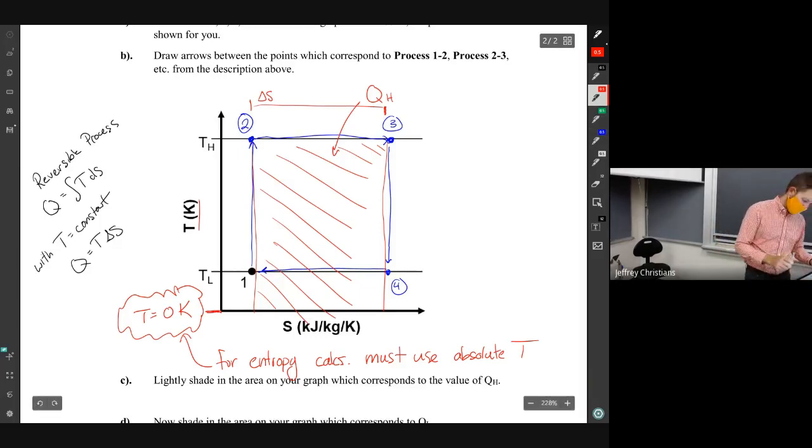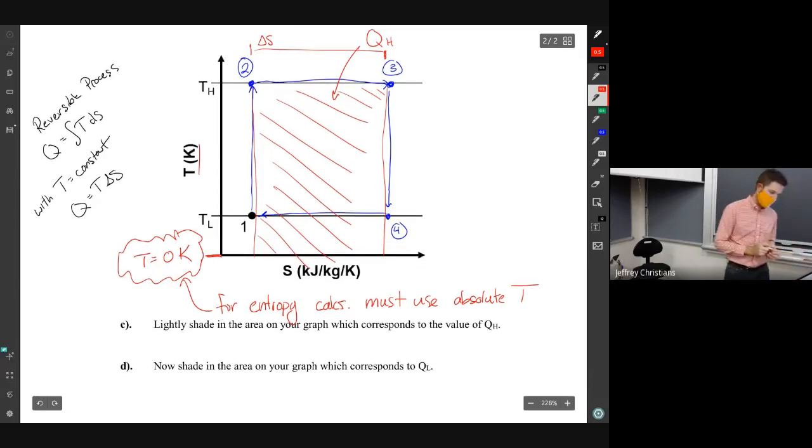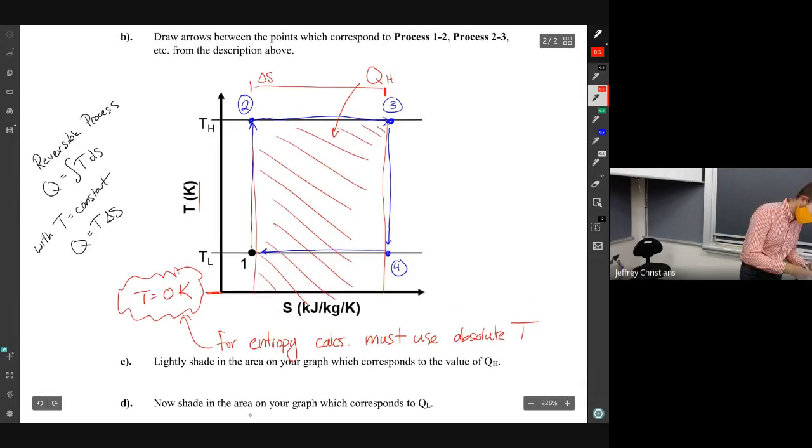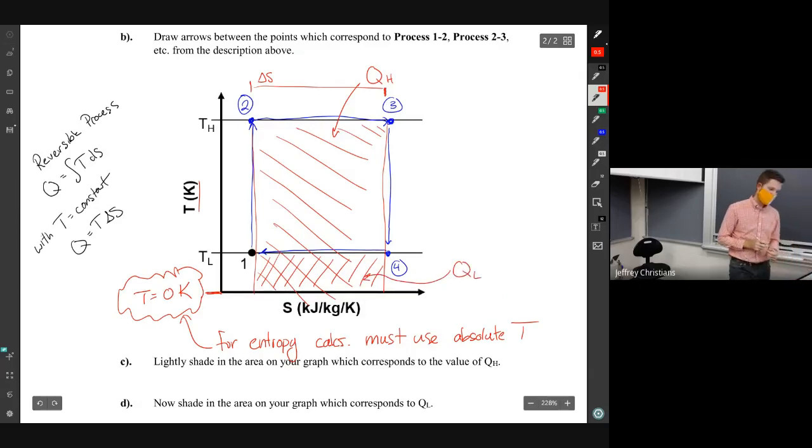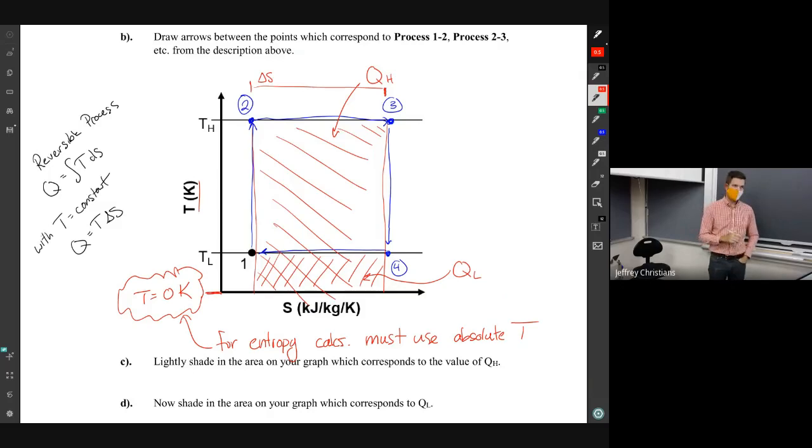Okay. Then the last question, now shade in the area on your graph which corresponds to QL. That's again, Q equals T delta S. So you can see that QH, the amount of heat we put in, is bigger than QL, the amount of heat we lose.